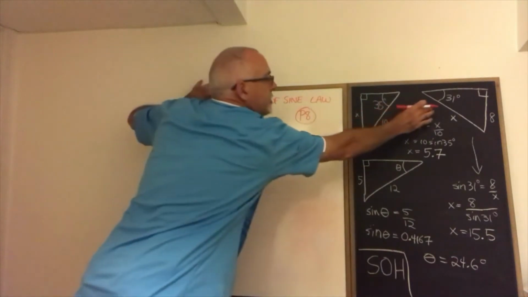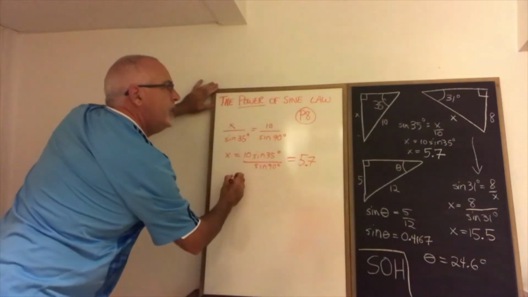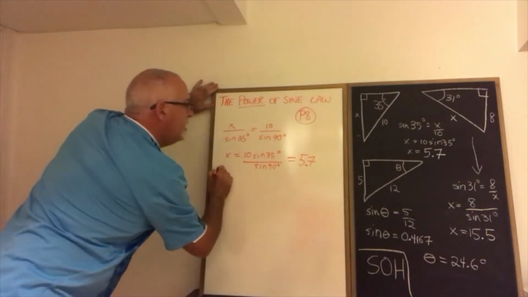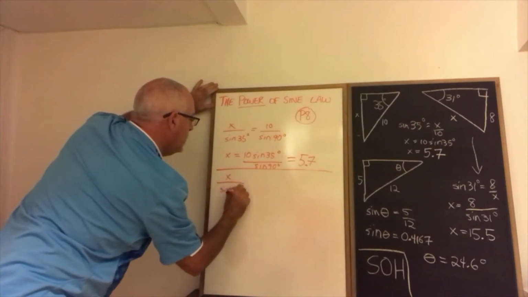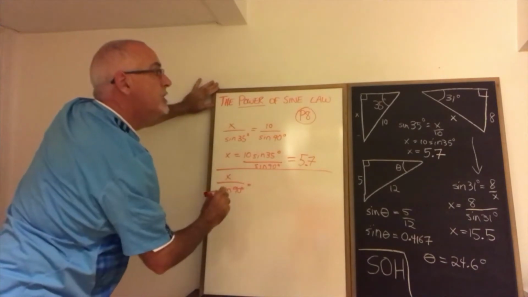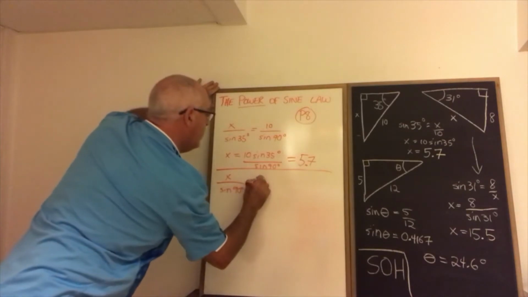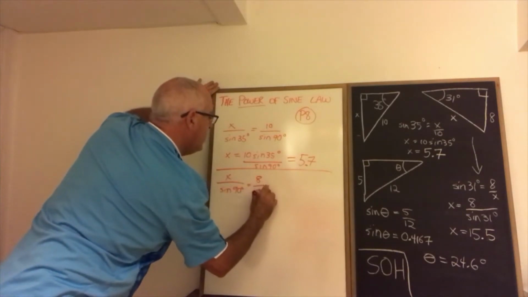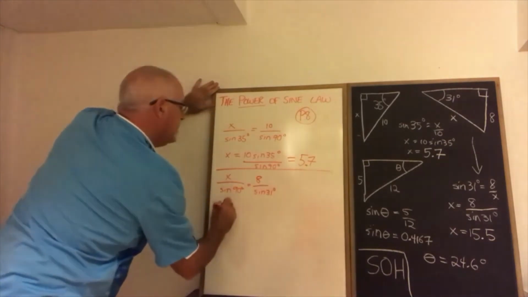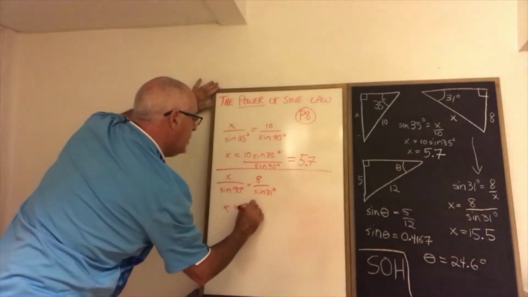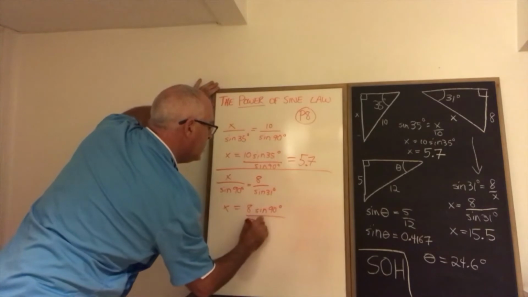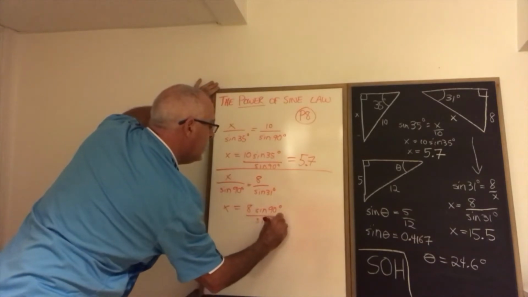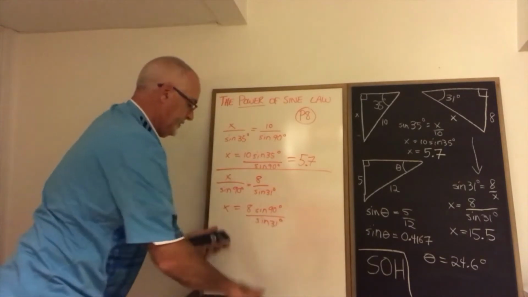In the second example here, x over sine of 90 must be equal to 8 over the sine of 31. Isolating my x, 8 times the sine of 90 divided by the sine of 31 will give me my answer.